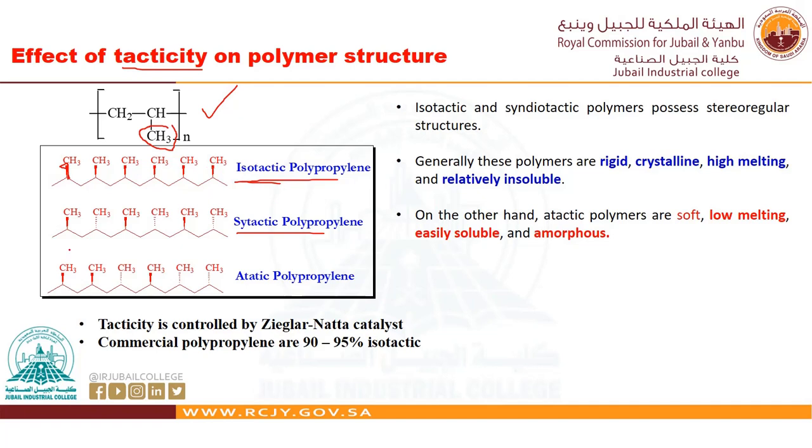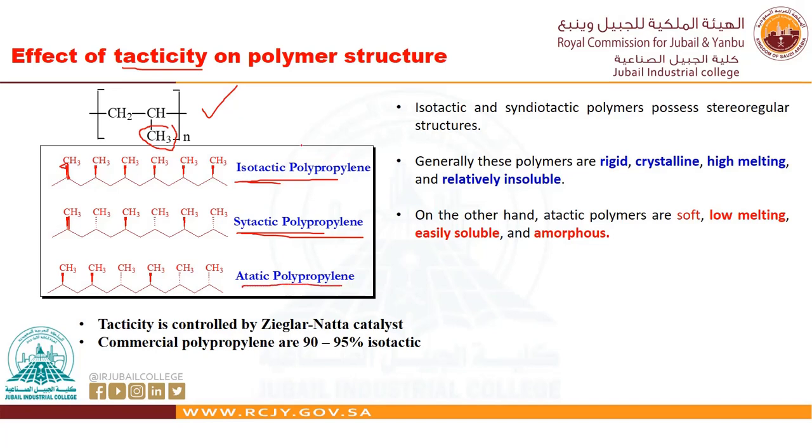If you have up, the next one is down, then up, down, it is called syndiotactic polypropylene. And the last one, which is a random up, down arrangement, is called atactic polypropylene.